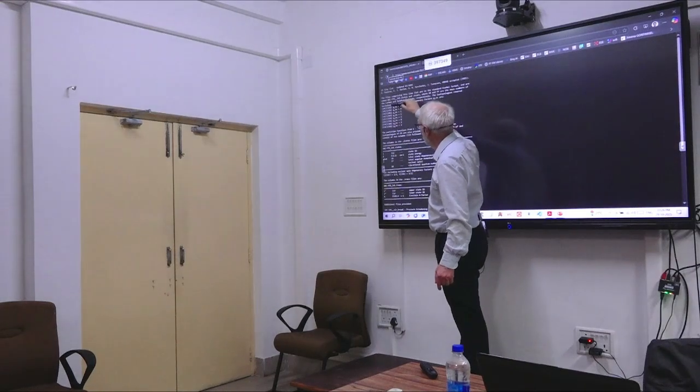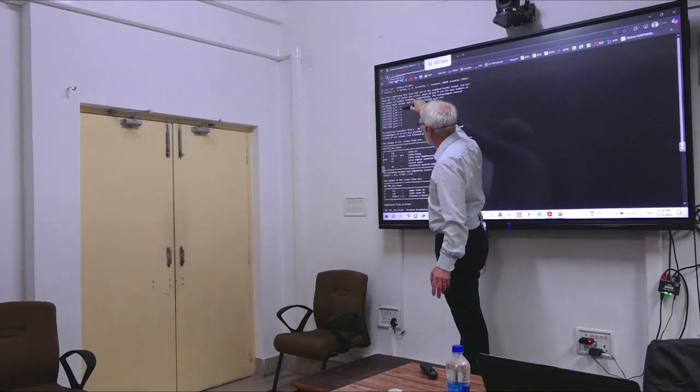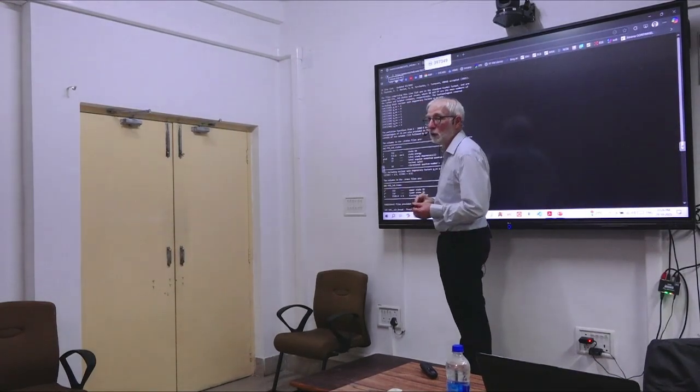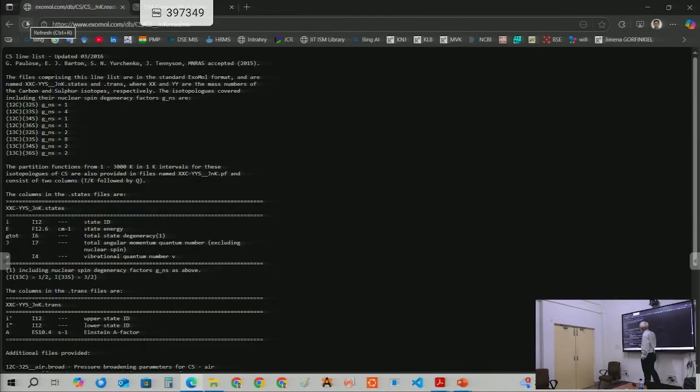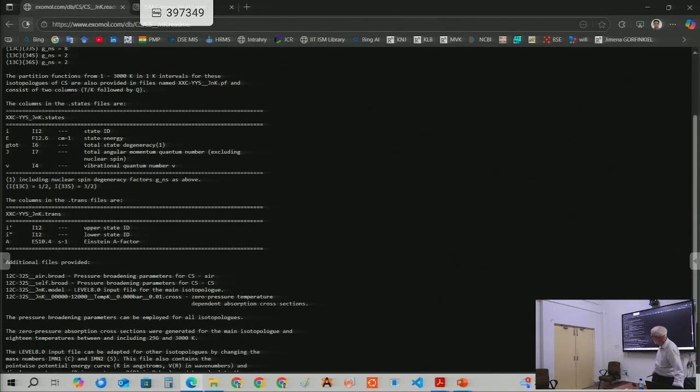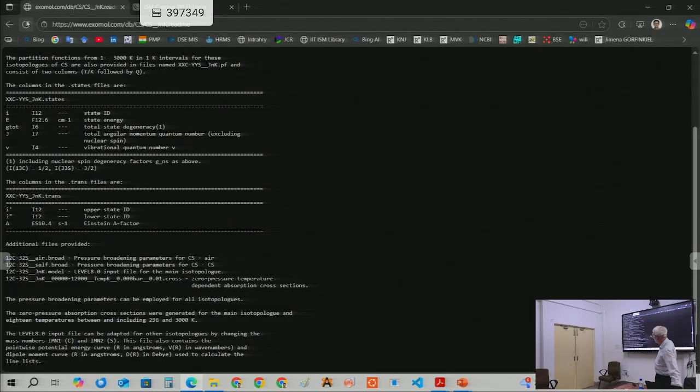But when you get to sulfur 33, that's a spin 3 half system, so the nuclear spin degeneracy is 4. It gives all the nuclear spin degeneracies, the partition function in the range you calculated, the format of the states file, the format of the trans file, and if we go down a bit, it tells you what else is there in terms of pressure broadening files, and where we get the level at 9 input.